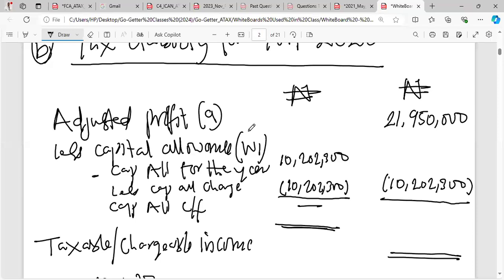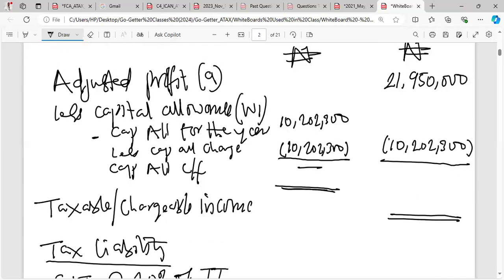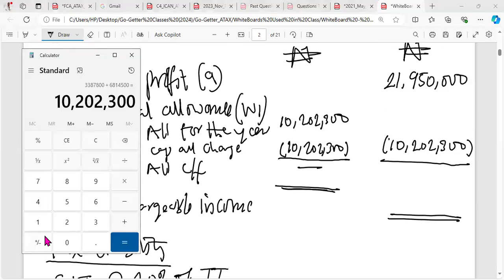What is going to be your chargeable or your taxable income? I already have this 10,202,300. I'll just press this negative button to put it aside. It's as good as putting it in bracket. And I'll say plus 21,950,000.